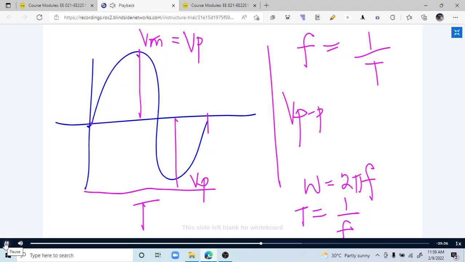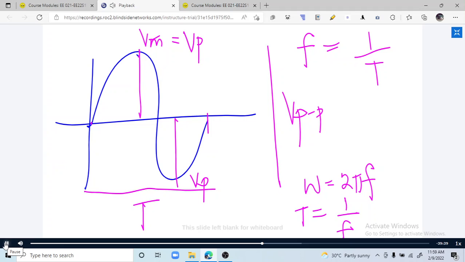Moving on, how are our sinusoids written? Sinusoids are written in a certain format. Let's say, for example, you have a certain voltage.